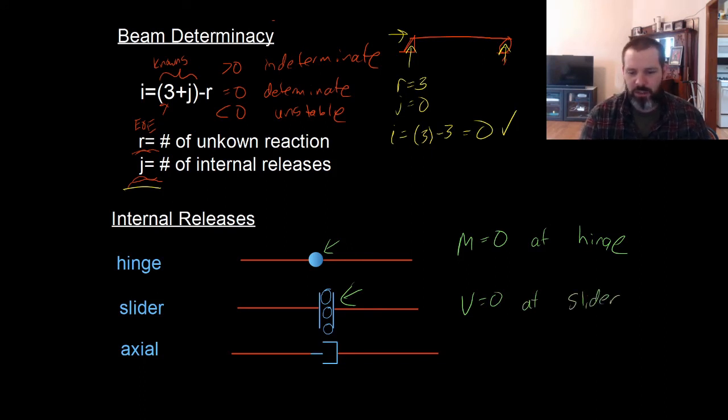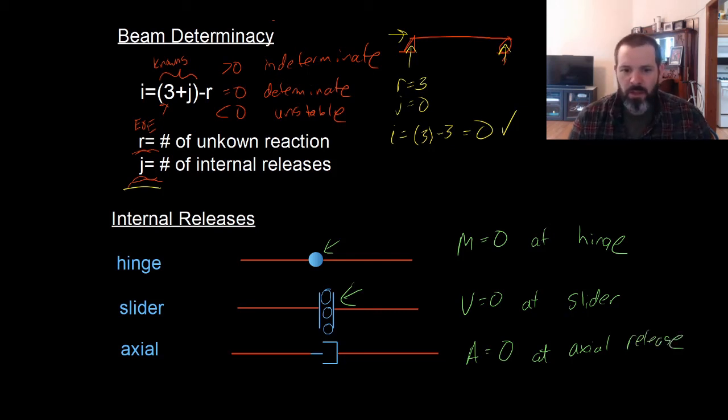And an axial release, as I've shown here, tells us that the axial force equals 0, and we just call this an axial release. So what these internal releases do is they take away one of the unknown forces we have when we do a section cut. And we can use this to actually solve more complex beams.